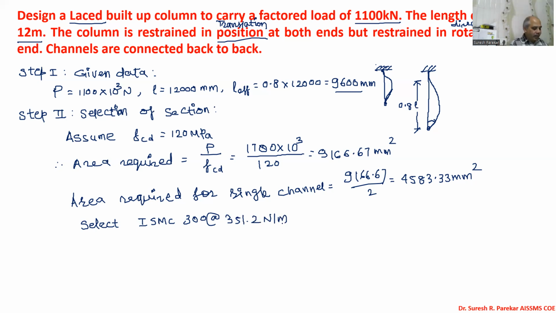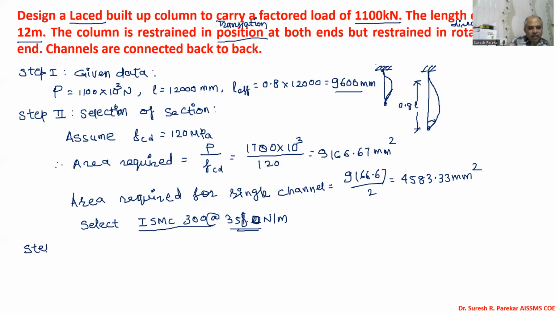If you go to IS 800 and Annex H, there we can have this value for ISMC 300, given as 358 Newton per meter. So a small difference you will come across. So in IS it is 358 Newton per meter, but for ISMC 300 this may have a difference if we go to a different book.